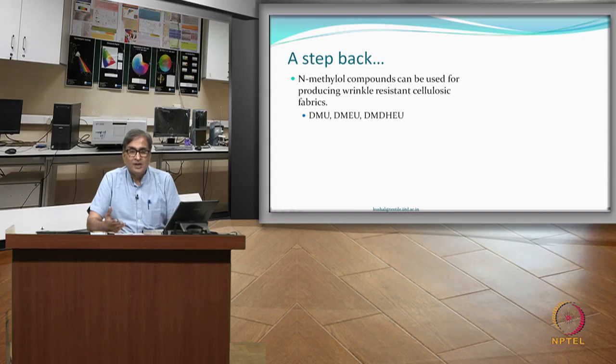Some of the chemicals that have been used are DMU, DMEU and DMDHEU. I had asked you to look at some other chemicals also. I hope you have had time to look into those chemicals as well.